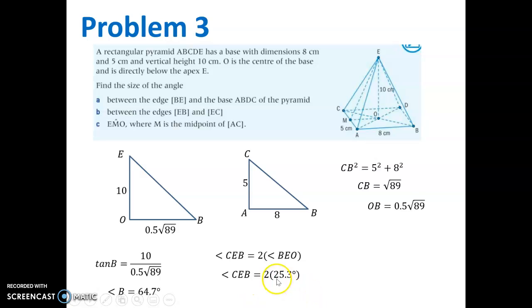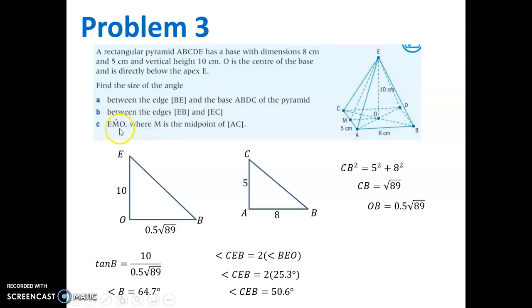Okay, that angle is 25.3. Why? Because we already found angle B to be 64.7, and we know this one's 90 degrees. So we just do 180 degrees minus 90 minus 64.7, and we're left with this angle here, which is 25.3. You could have, of course, done some tricks to figure it out as well. But anyway, now CEB is double that, which means CEB is this. We just found that angle.